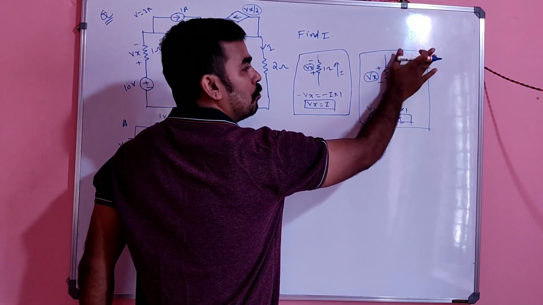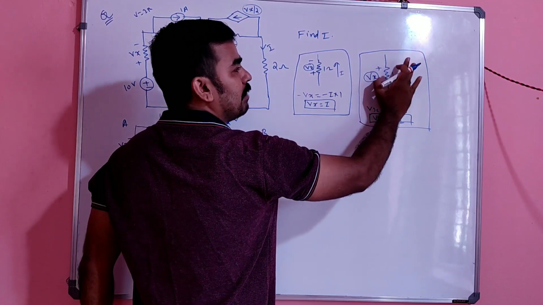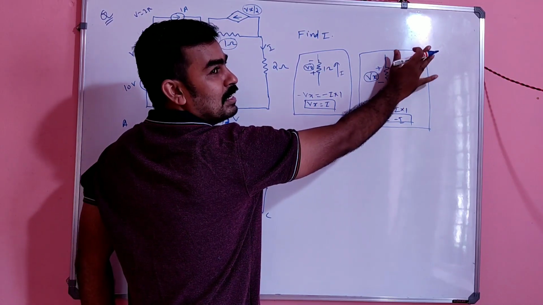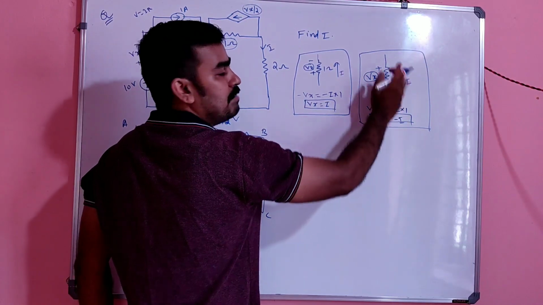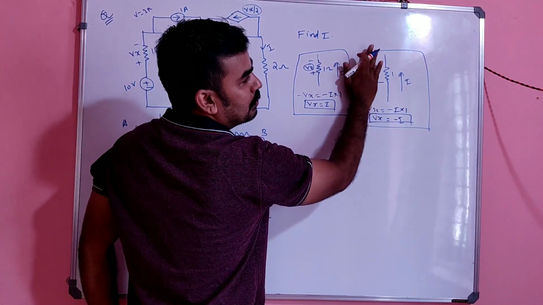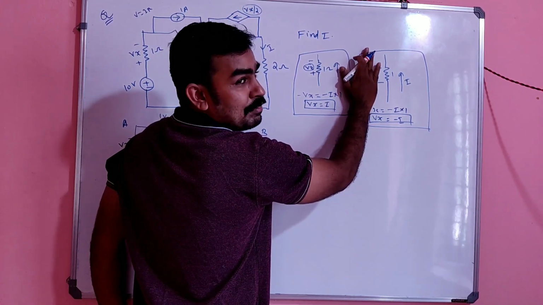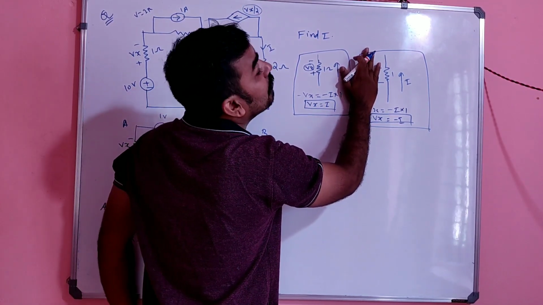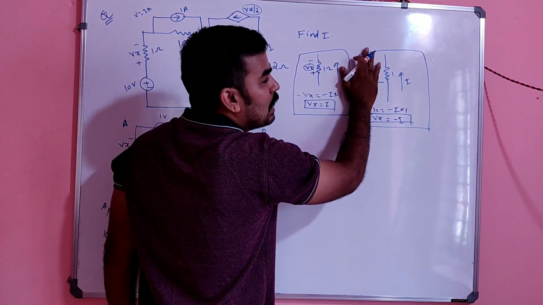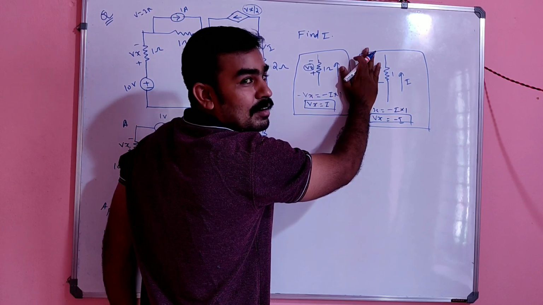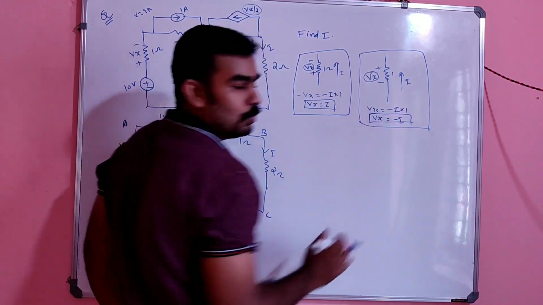The same case here also. Consider this as a voltage source with value Vx. It is an increase in potential, so plus Vx. Again, consider this as a resistor only, where there is a loss of voltage, so minus I into 1.